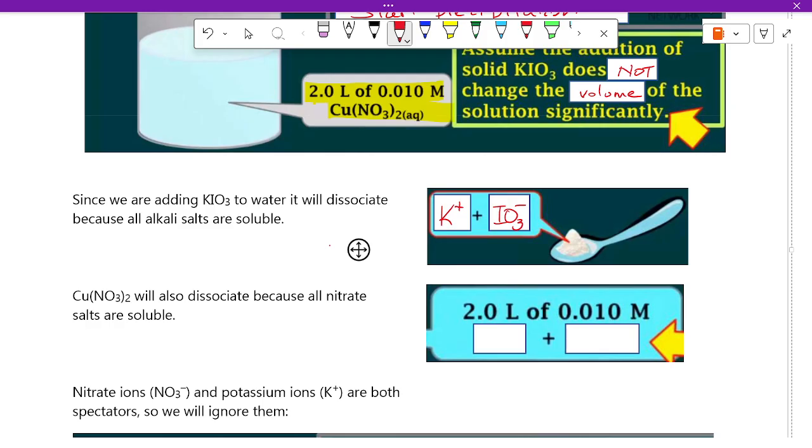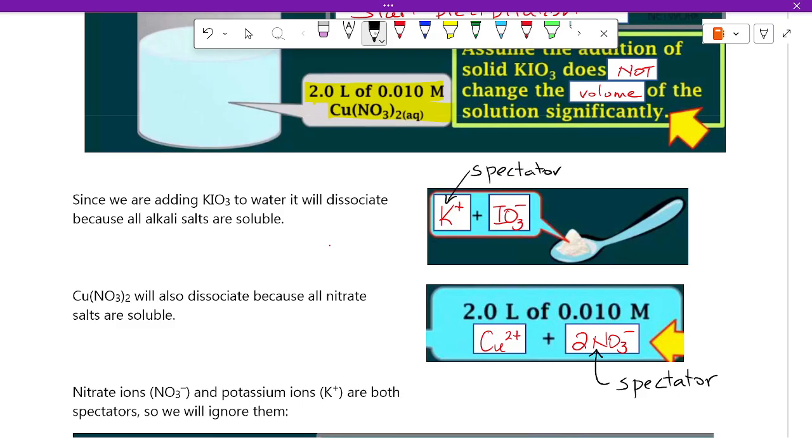So we have 2 liters of 0.1 molar Cu2+ and 2 NO3-, but we don't really care about the nitrate because the nitrate is a spectator. So we just ignore them. Potassium nitrate, you might as well not be there.